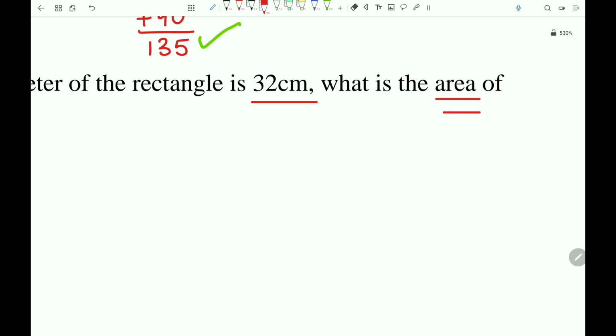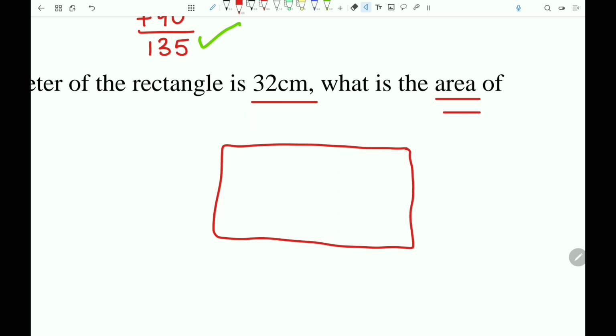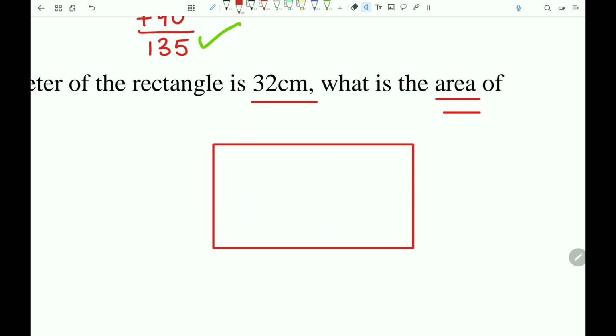So let's visualize that a bit. I will draw a rectangle. So we know that rectangles have two specific measurements, which is the length of the longer side called the length and the length of the shorter side called the width.